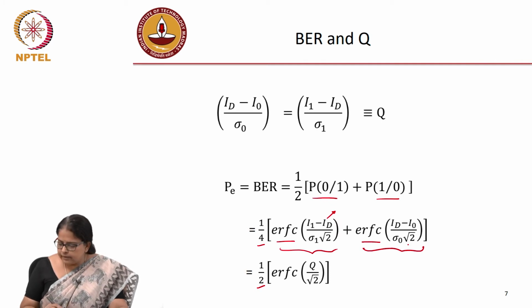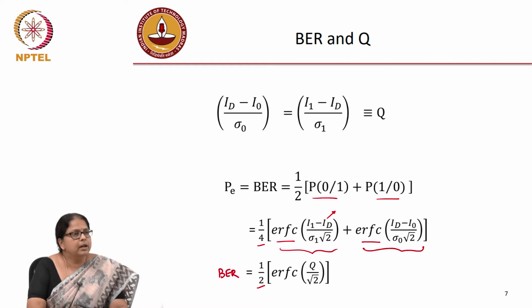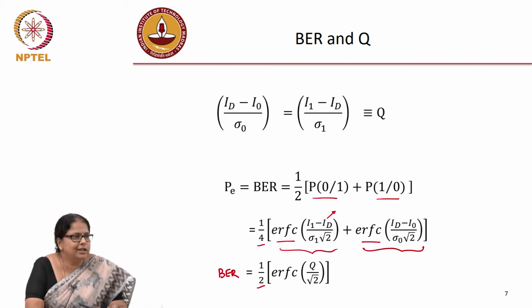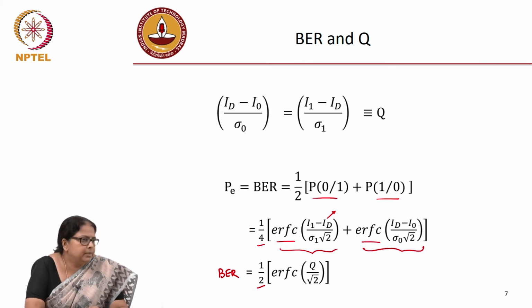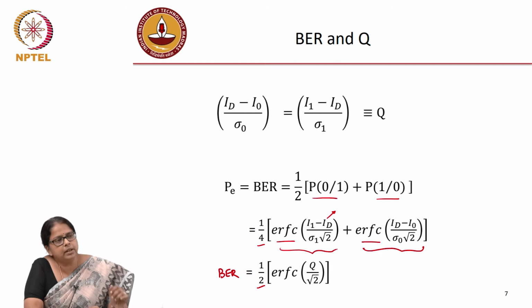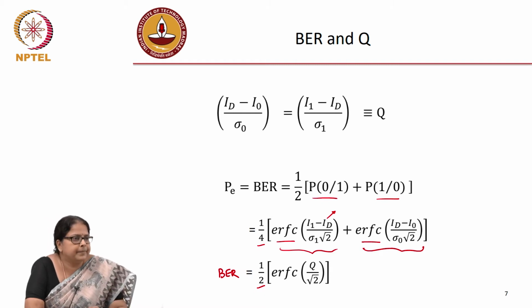This gives a very nice relation between bit error rate and Q, and this is probably the most often used relation by all system engineers. Once you know Q, which is a measurable quantity, you can estimate the bit error rate without really counting the number of errors.